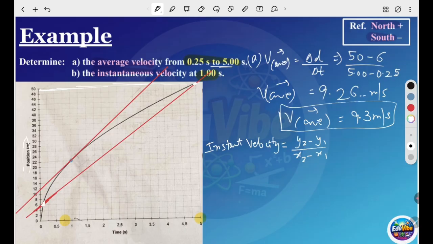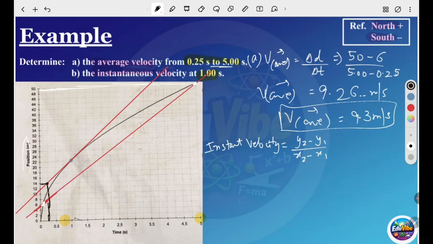I take 2 points. First, from here, I take this point which I mark black, which is at 14, straight to that point between 0 and 0.5.